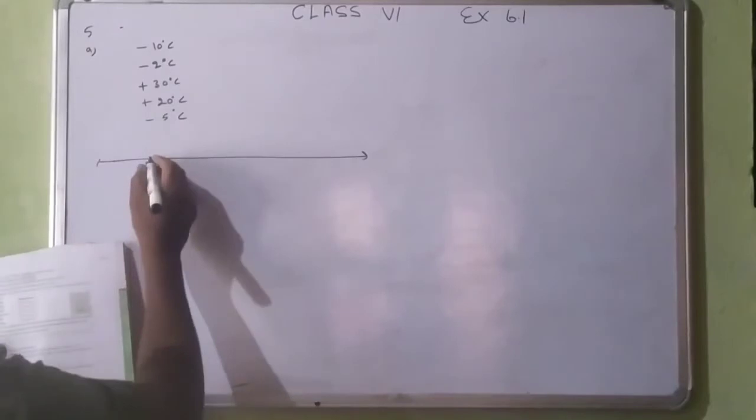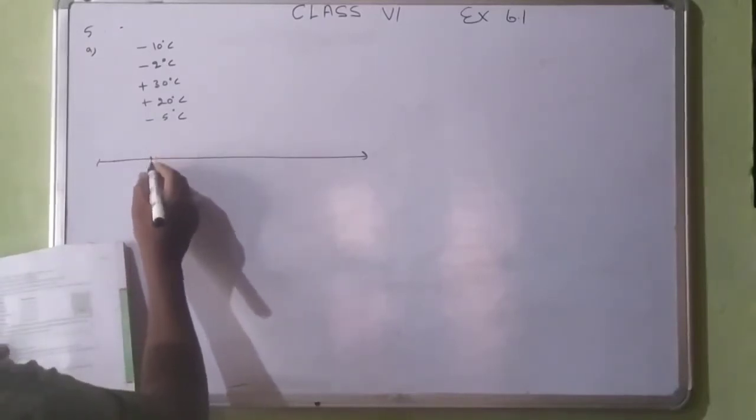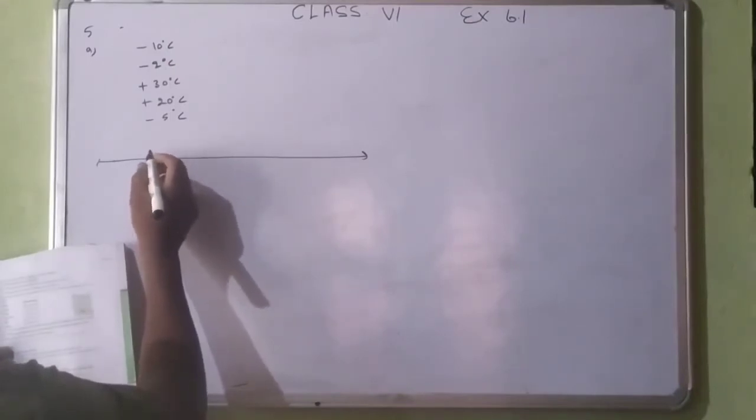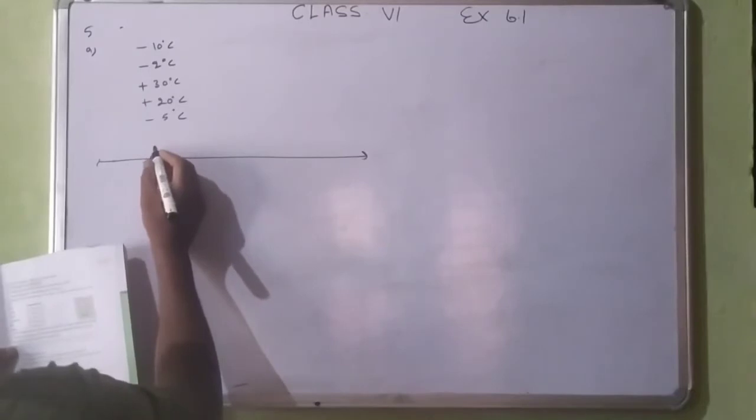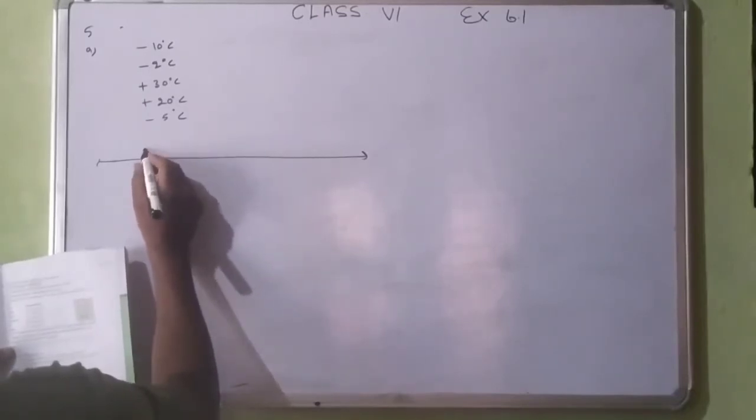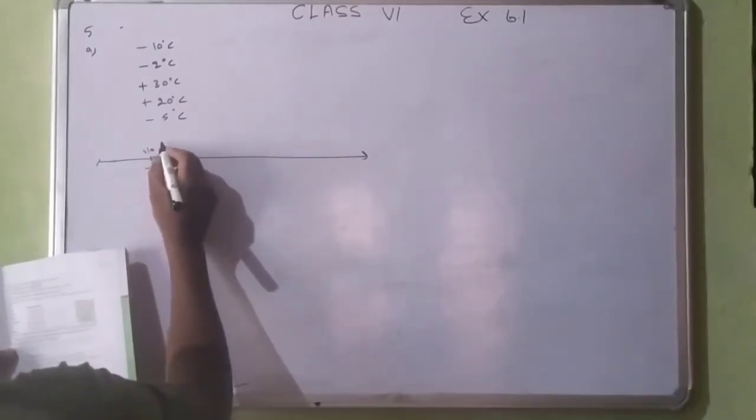So on the place of minus 10 degree Celsius, this will be minus 10. This is the Siachen.